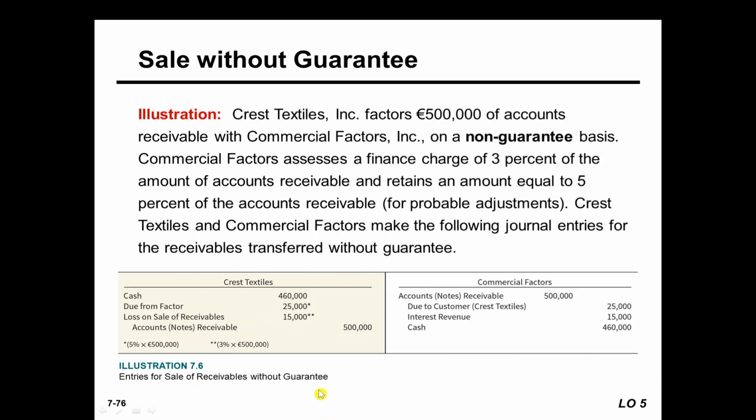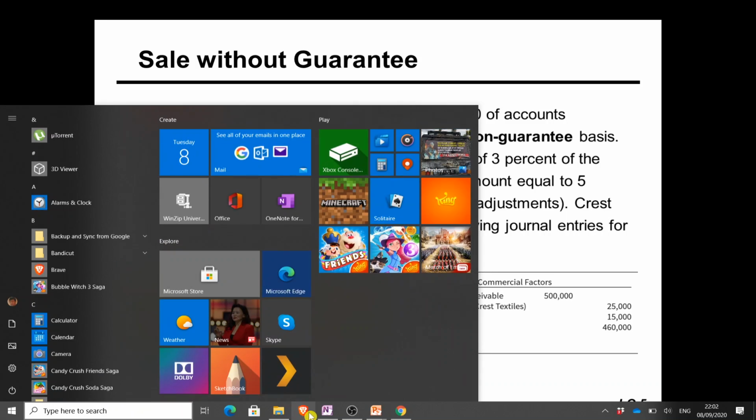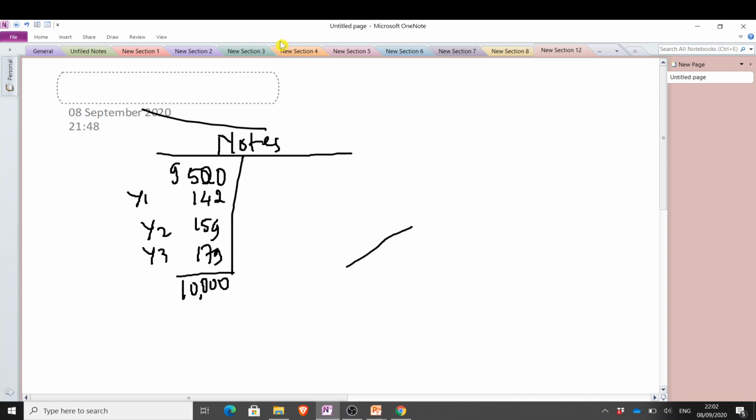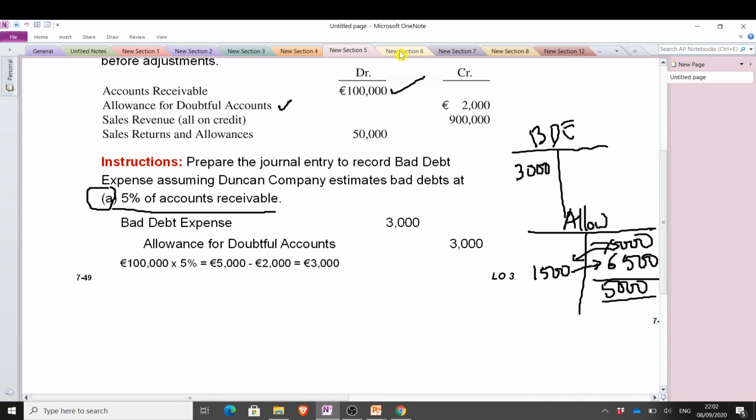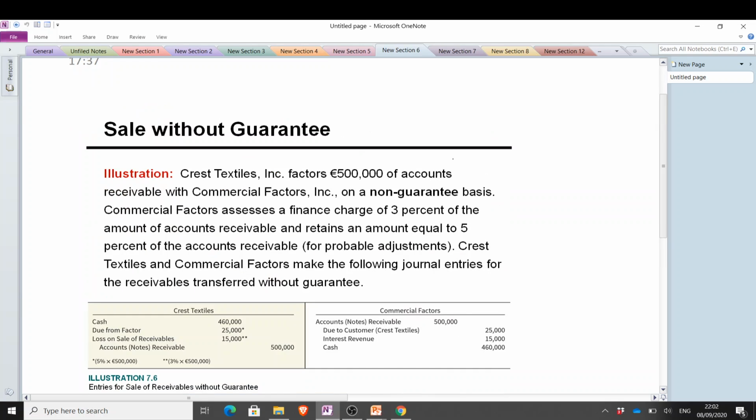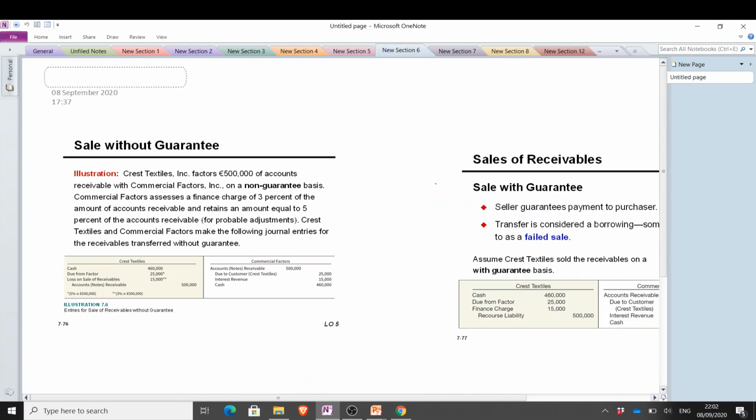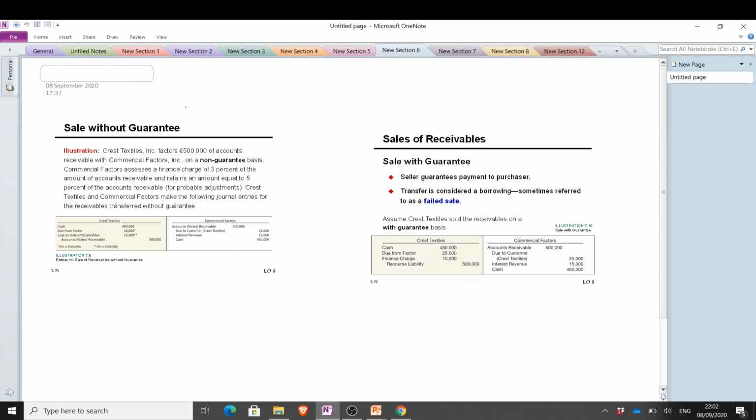This is the example, Crash Textile. Crash Textile factors $500,000 of accounts receivable with Commercial Factors. So the seller is Crash Textile, while the factor or buyer is Commercial Factors.